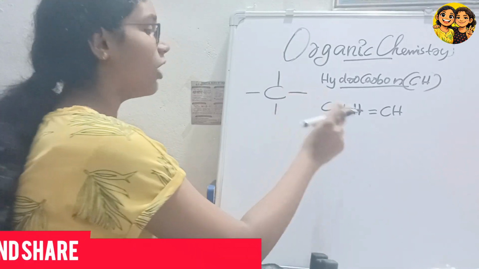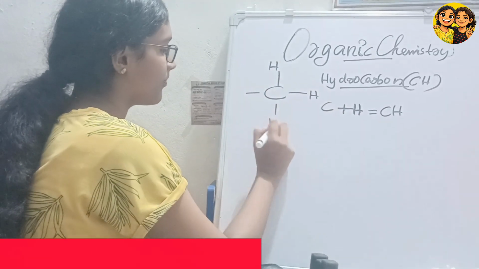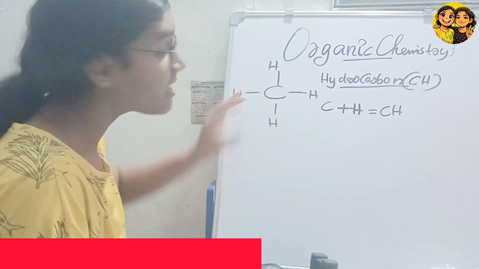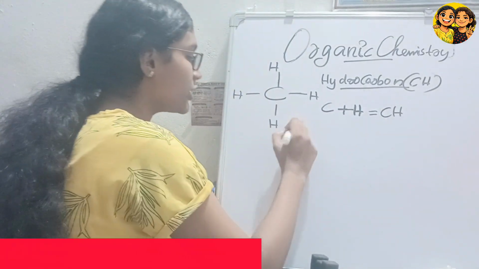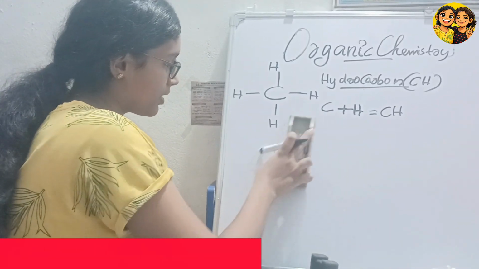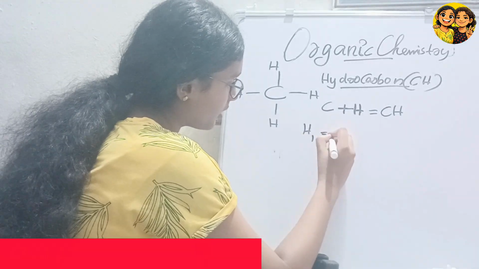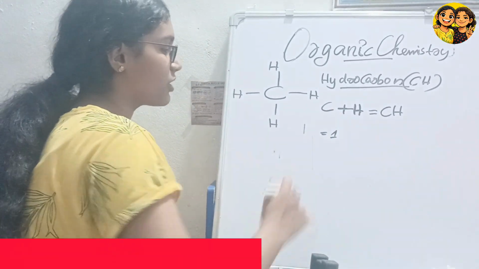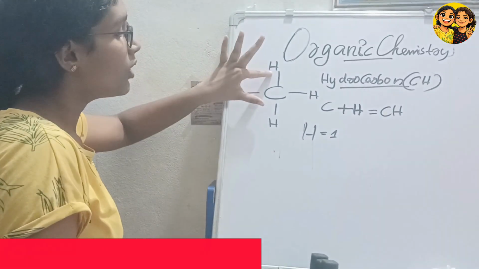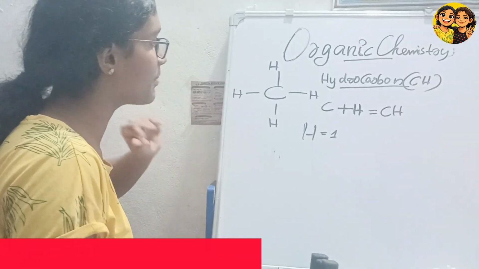Look, you are taking hydrogen, so I am going to place hydrogen on each of these 4 bonds. As we know, hydrogen's valency is 1. Yes, 1 is the valency of hydrogen, right? Here one more bond is there to make hydrogen stable.